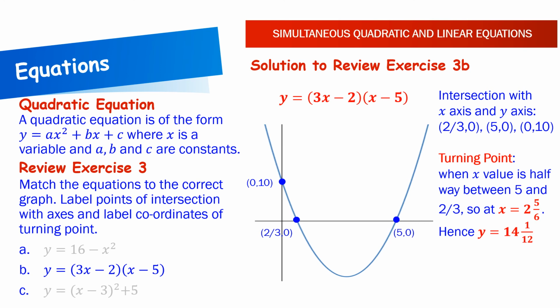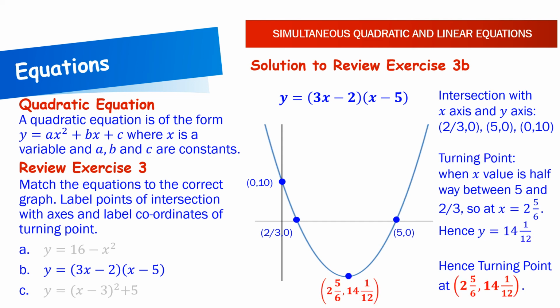And therefore, plugging in x equals 2 and 5/6 into the equation, we have that y is equal to 14 and 1/12. So the turning point is at 2 and 5/6, 14 and 1/12, as shown.